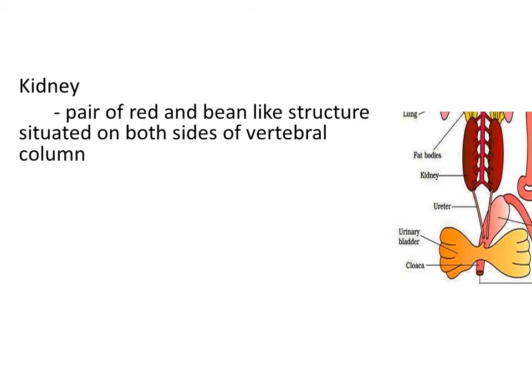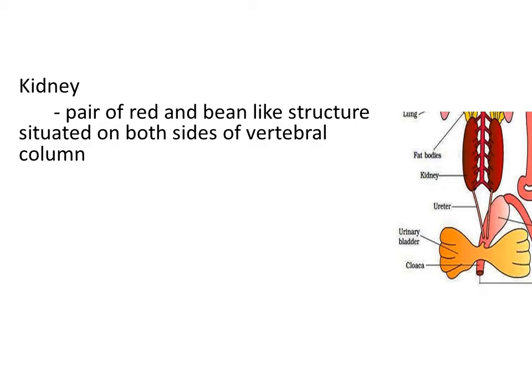The first and very important organ that can be seen in the excretory system is kidney. Kidney is a pair of red, bean-like structures. If you observe in the diagram, the color of kidney is red and the characteristic shape is bean shape.